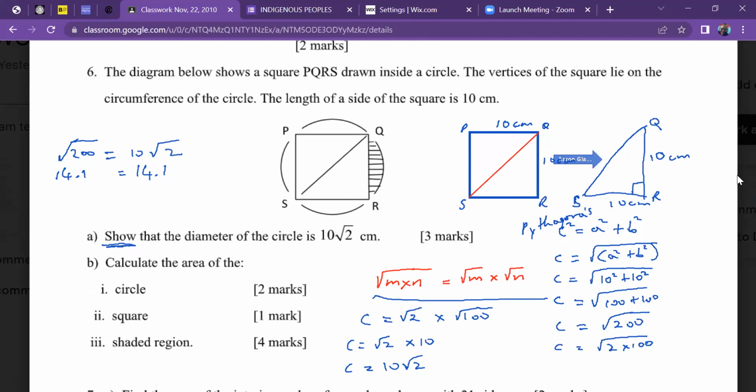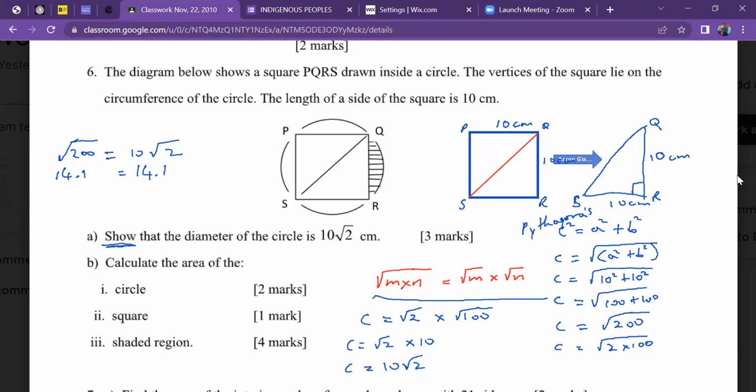They would not have put the line SQ there if it wasn't a clue. So we have PQR, we have the line SQ. That means I can break down the square into 2 right angle triangles. Here's my right angle triangle on this side.